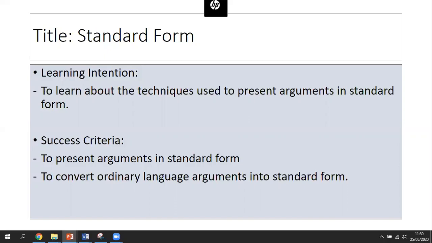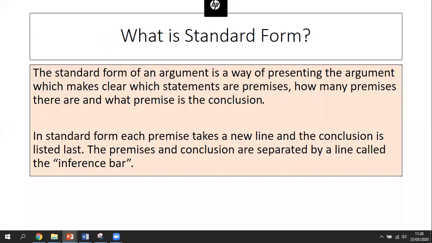So in this lesson, you're going to learn about the techniques used to present arguments in standard form. Your success criteria is to present arguments in standard form and to convert ordinary language arguments into standard form. So let's have a look at this lesson. What is standard form?